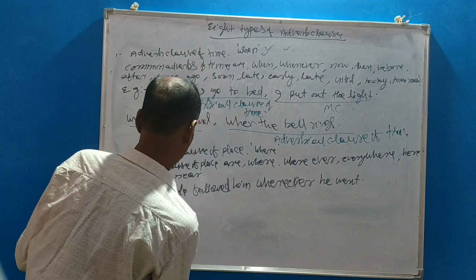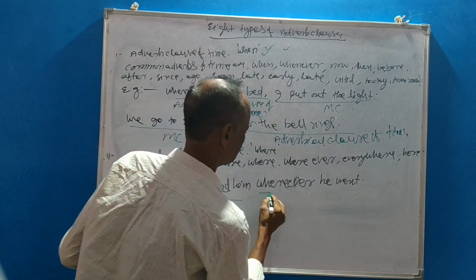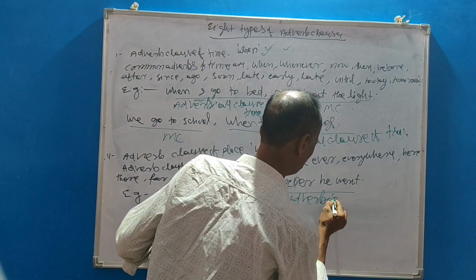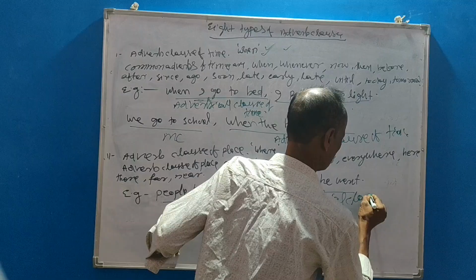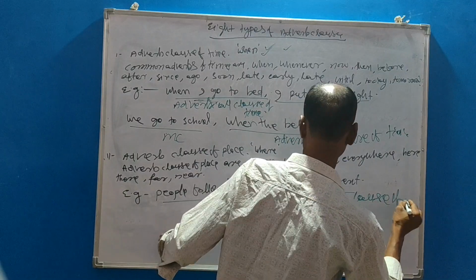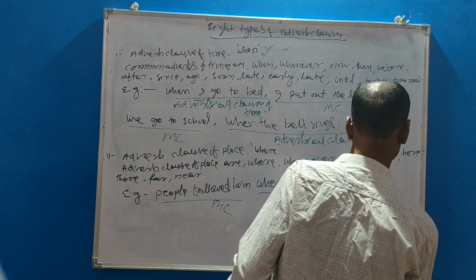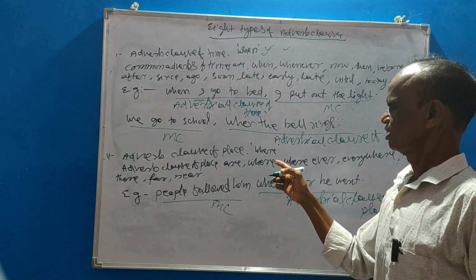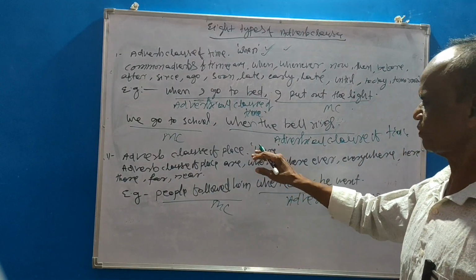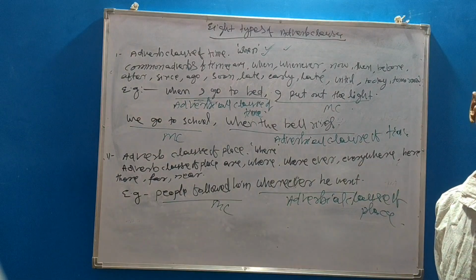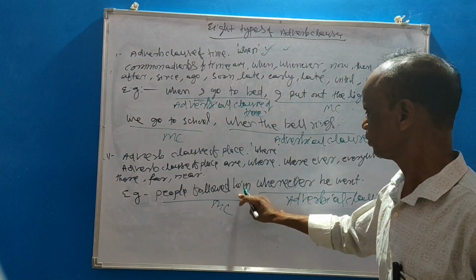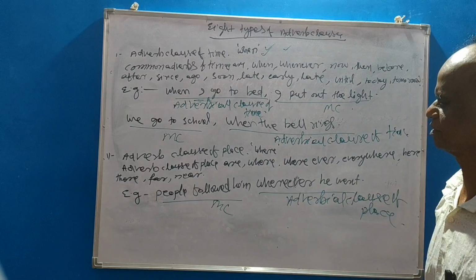People followed him, the main clause. Wherever he went is the adverb clause of place. So answer the questions using WH words like where. People followed him wherever he went.